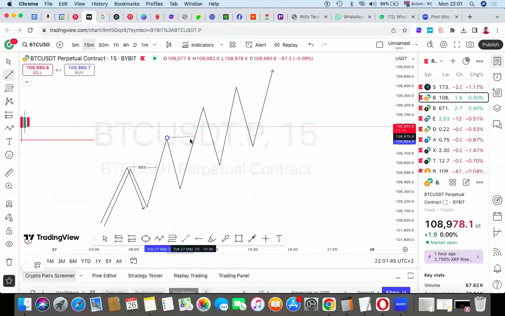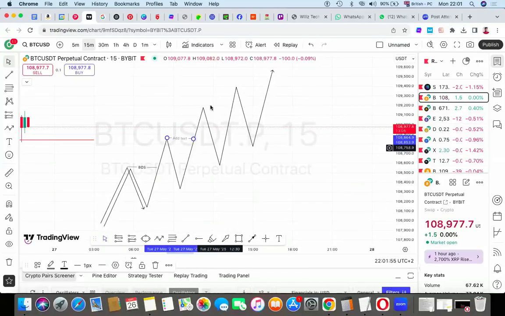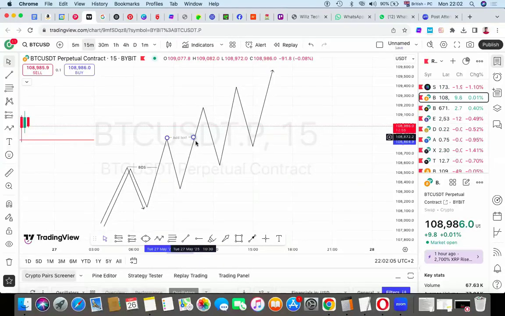So we see the market doing impulsive moves to the upside again, and we have a break of structure, BOS. And it continues like this. So this is in an upward scenario, an uptrend scenario.